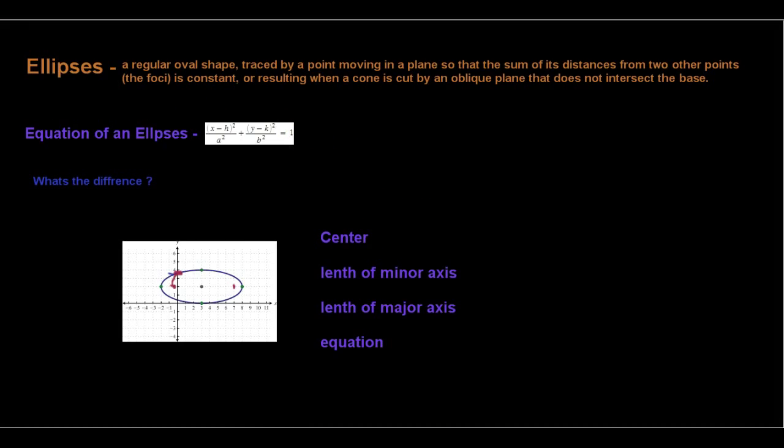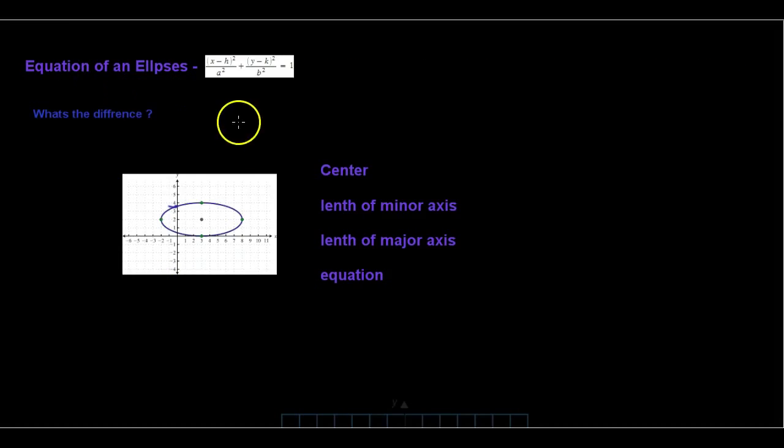So now that we've gone over that, let's find some of the key things we need to know about this ellipse, and I'll go further into it later. Right now we need to find the center. On this graph we see 1, 2, and 3. So it's 3 over and 1, 2. The center is going to be at (3, 2).